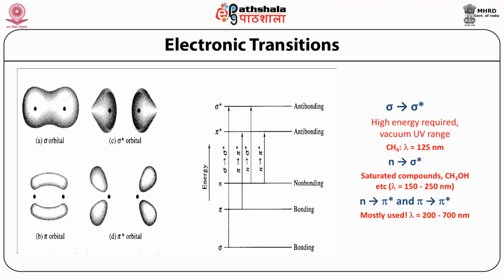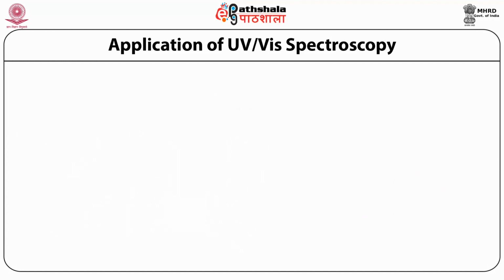This effect is greater for the excited state, and so the energy difference between the excited and unexcited state is slightly reduced, resulting in a small red shift. This effect also influences n to pi star transition, but is overshadowed by the blue shift resulting from the solvation of the lone pair. Let us discuss the applications of UV-visible spectroscopy.